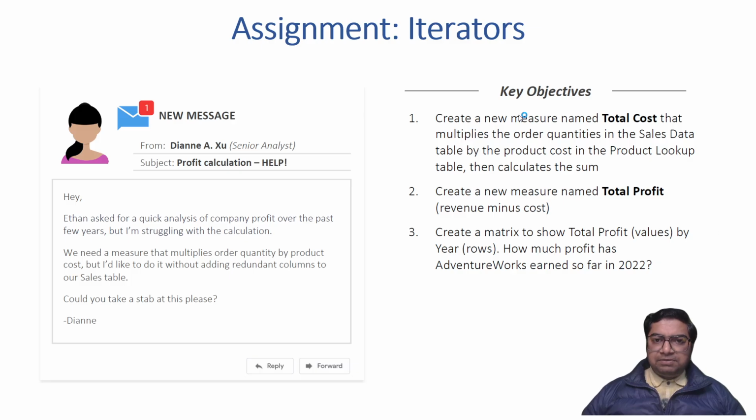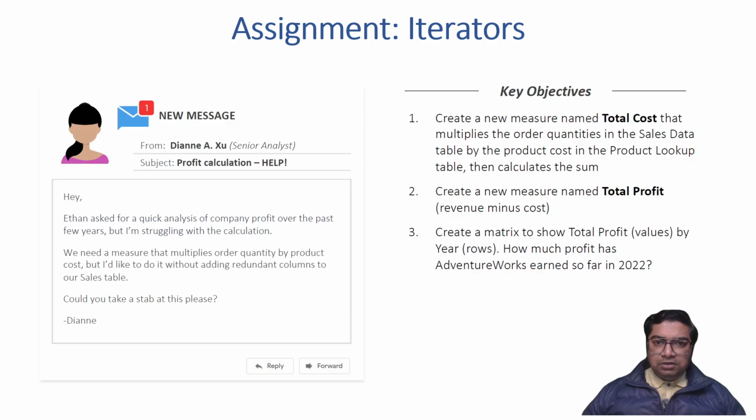Simply, you have some key objectives in front of you. One is you need to create a measure named total cost that multiplies the order quantity in the sales data table by the product cost in the product lookup table and calculates the sum. Second, you need to create a new measure, total profit.